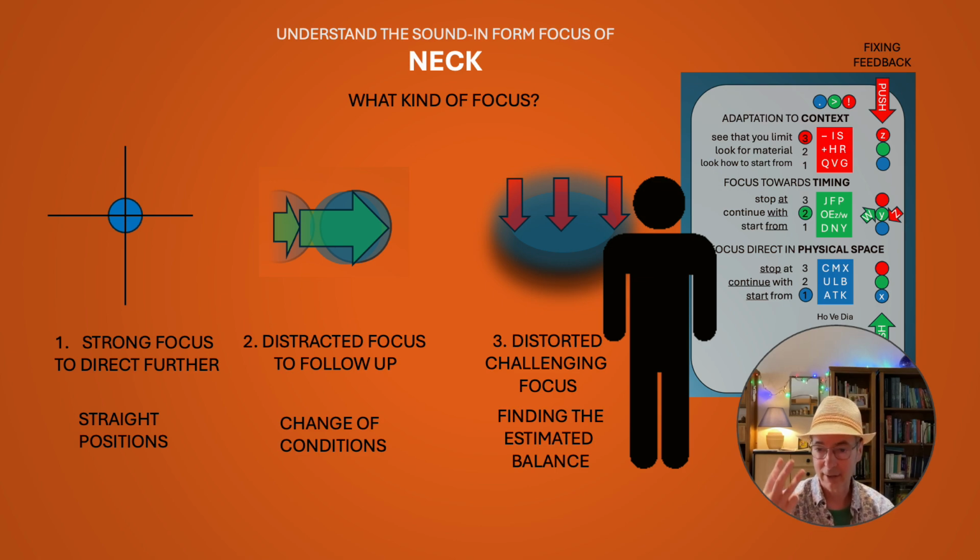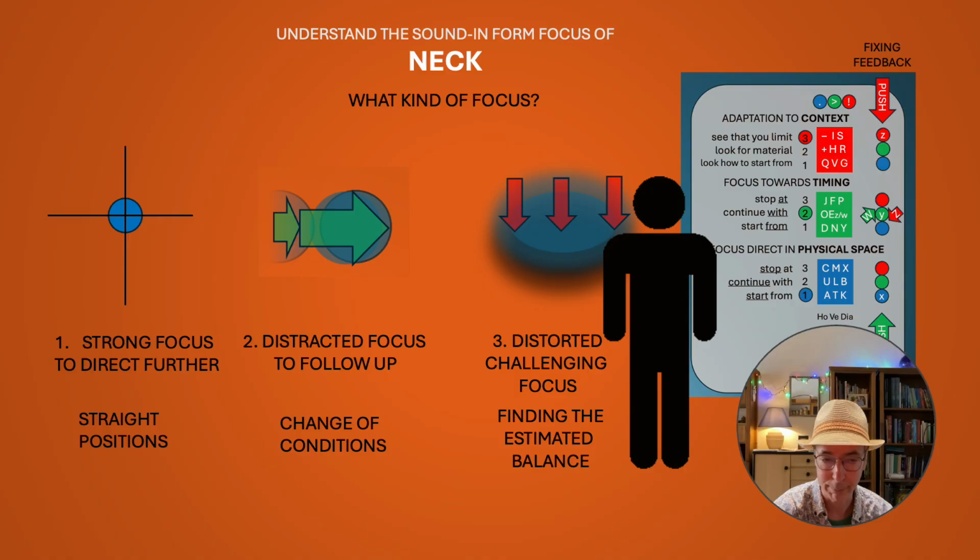It is then either, so it is in three categories, the general categories are here described. Either we can have a very strong focus, which can direct us further and we can use it immediately, and this focus will have straight positions, just pointed out positions.